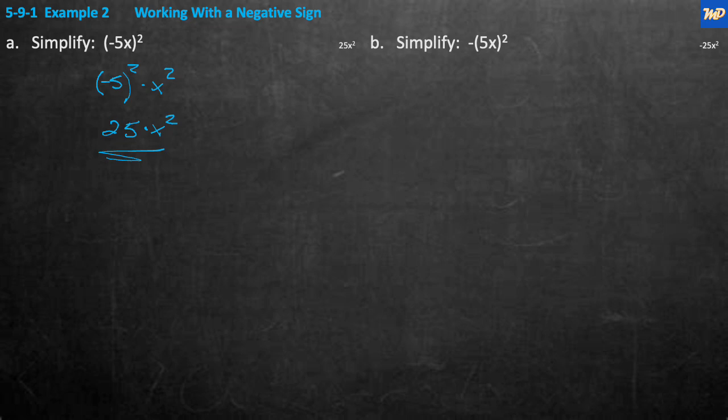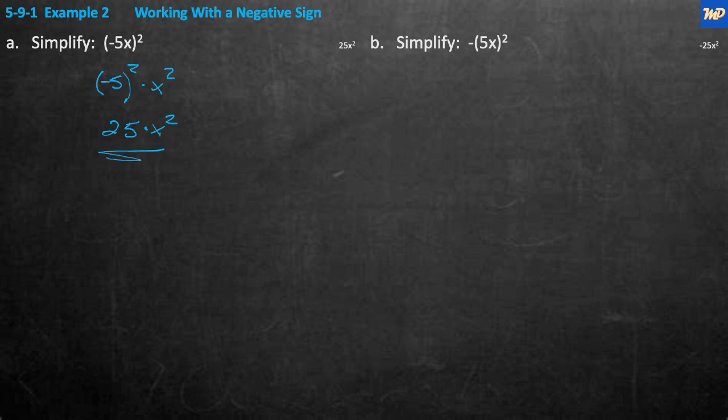Solution. Let's try this one. Now the negative sign is on the outside of the parentheses. So what are we going to do in this case? We're going to square what's inside the parentheses, and then when that's all done, we're going to take the negative of it. That negative has nothing to do with the squaring. We're not squaring the negative.